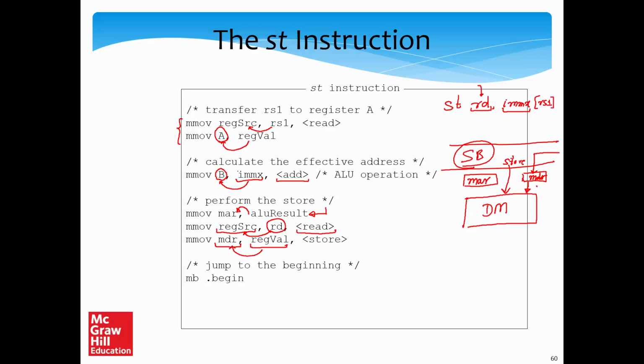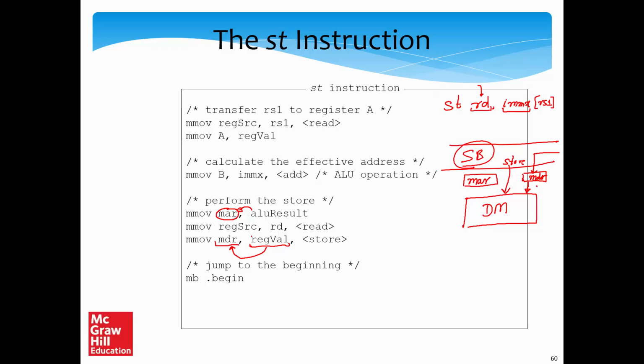Since the memory address has already been populated in advance by the contents of an ALU operation, now we are reading the next operand, which is RD, reading its contents from the register file, and transferring it to the memory data register, which contains the data that needs to be written to the data memory in a store operation.